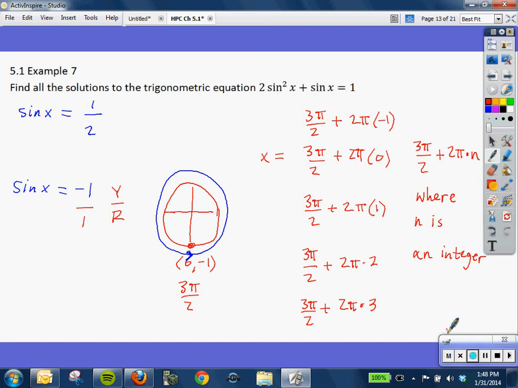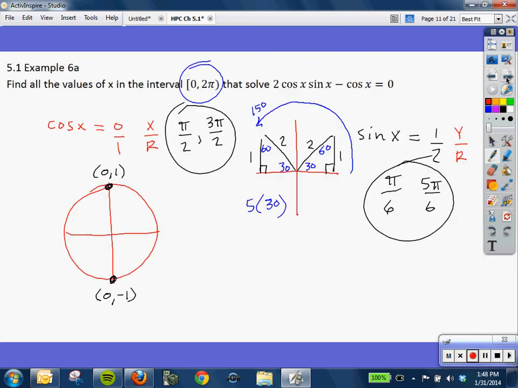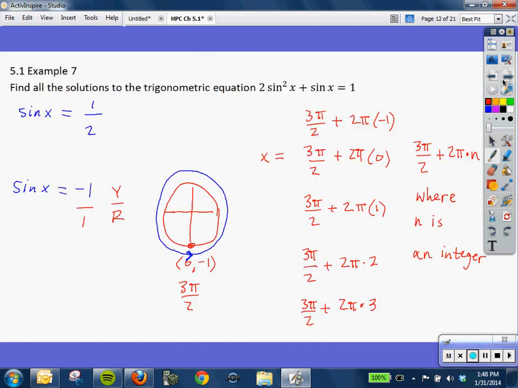So where is the sine of x equal to 1/2? We did that in the previous problem. If I jump back here, yep, that was it: pi over 6 and 5 pi over 6. So let's write that here. We have pi over 6 plus 2 pi n, where n is an integer, and then we also have 5 pi over 6 plus 2 pi n, where n is an integer.